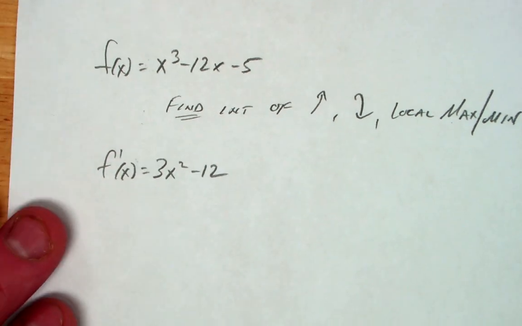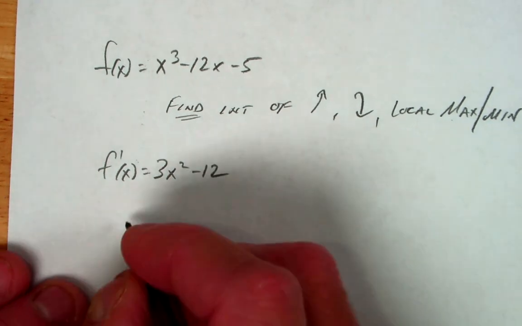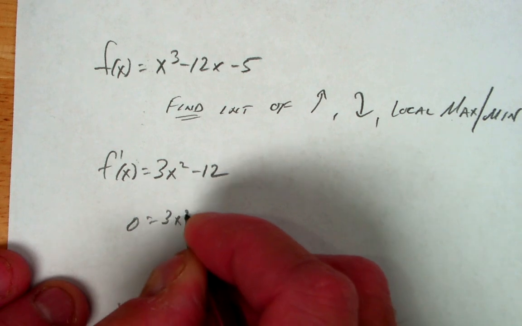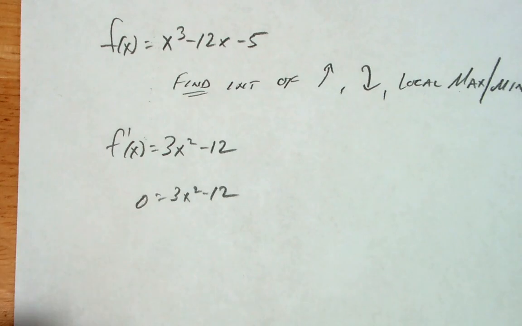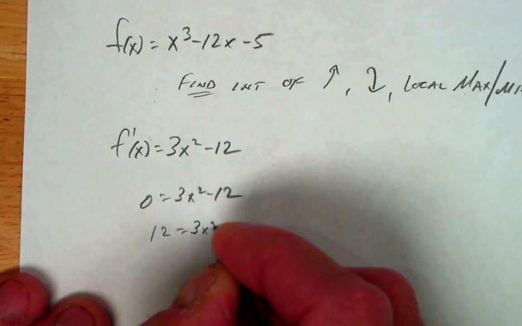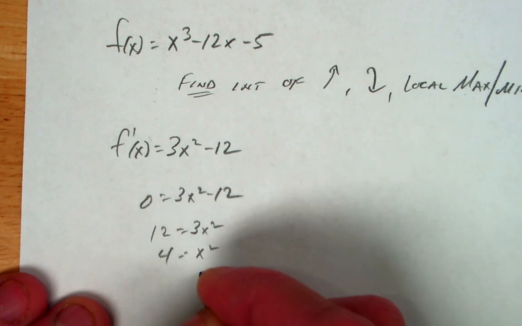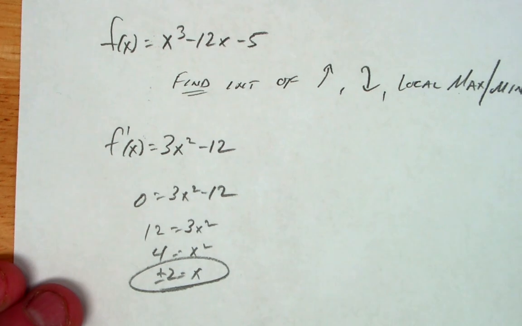To find my critical points, I set it equal to 0. So 0 is equal to 3x squared minus 12. There are no points that are undefined here. 12 equals 3x squared. x squared equals 4. x equals plus or minus 2. Those are my two critical points.